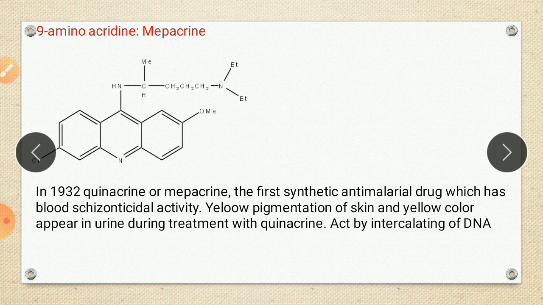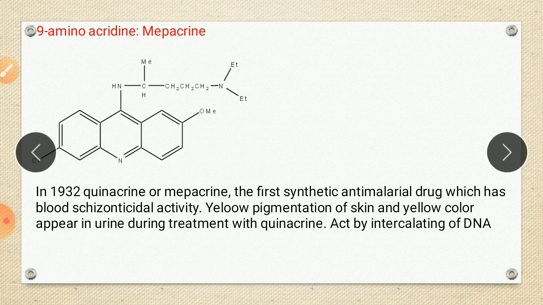Next one is 9-aminoacridine. Example is mepacrine. So this is the structure of mepacrine. In 1932, quinacrine, also called mepacrine, was the first synthetic antimalarial drug which has blood schizonticidal activity.